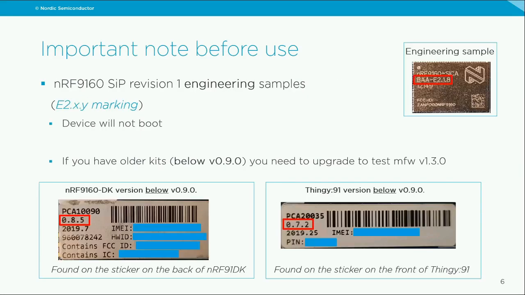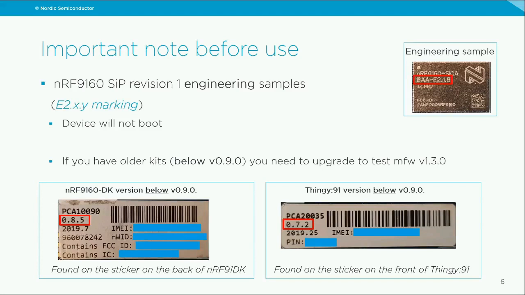And if you have an older nRF9160 revision 1 engineering sample, these are marked with E2, X and Y. For example, E218, these system in packages will not boot if you run modem firmware 1.3.0.